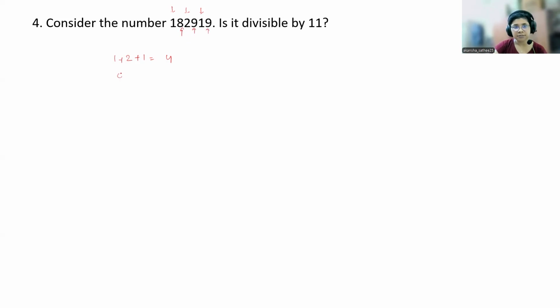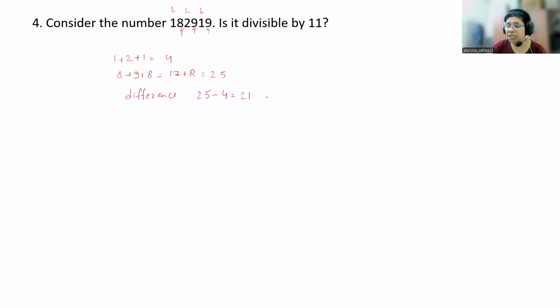Add the digits. 8 plus 9 plus 9. 9 plus 8 is 17 plus 8. 17 plus 8 is 25, I guess. Yes, it is 25. Take the difference. Difference is 25 minus 4 is 21.